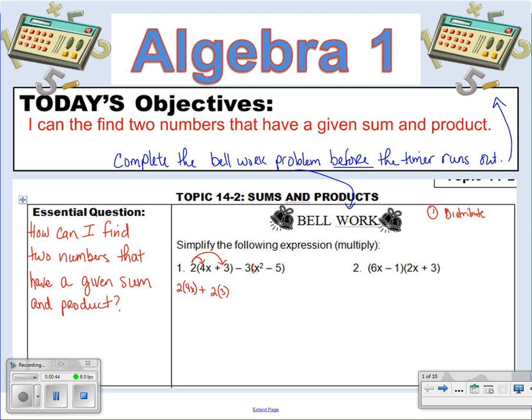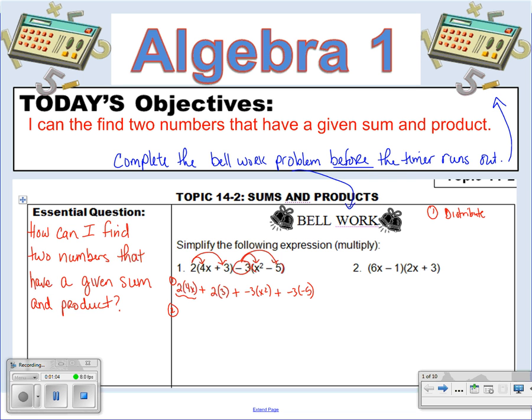We have another set of parentheses with a number out front, so we'll take that number, which is -3. We're still adding, so we'll have a -3 times x squared, and then plus a -3 times a -5.